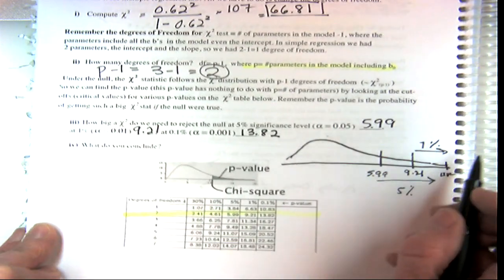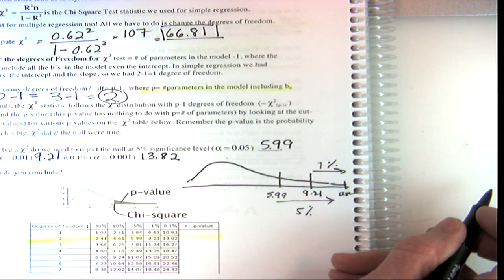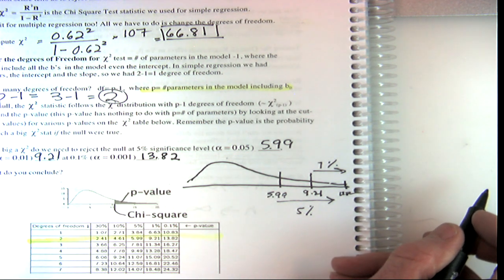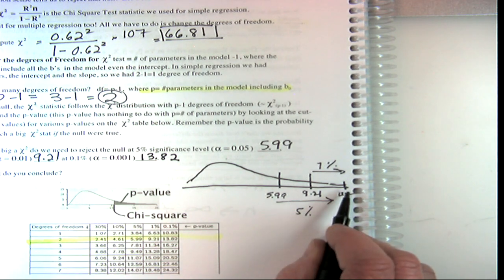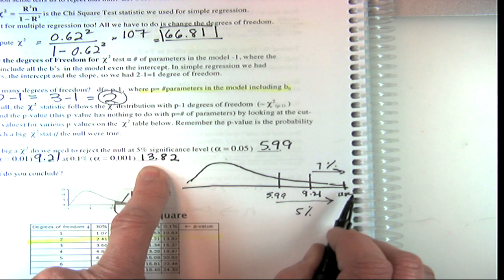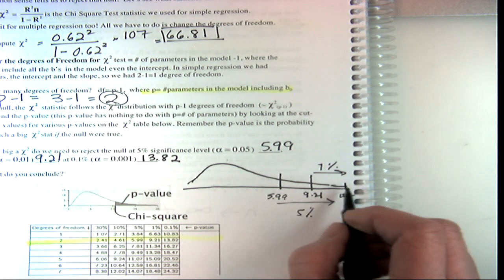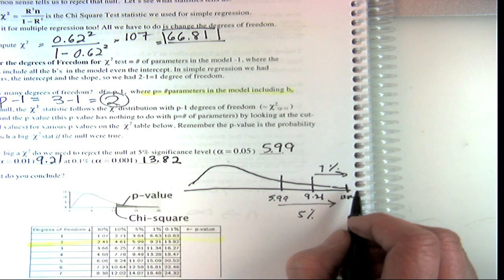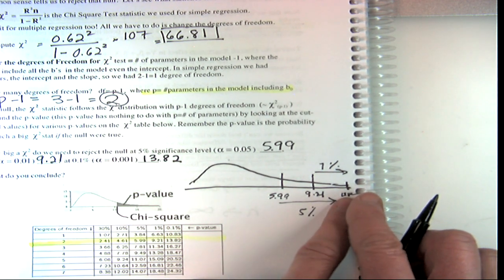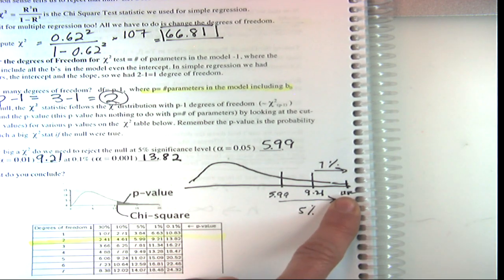It's way off the page, so it's a much smaller probability. When the null is true, only 0.1% of the time will we see a chi-square statistic bigger than 13.82. So this little probability, the area to the right of this, is just 0.1%. Ours is 66.81, so it's way, way off. It's almost 0, the probability.